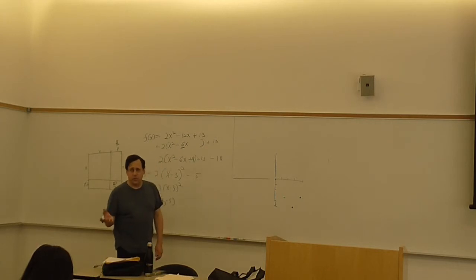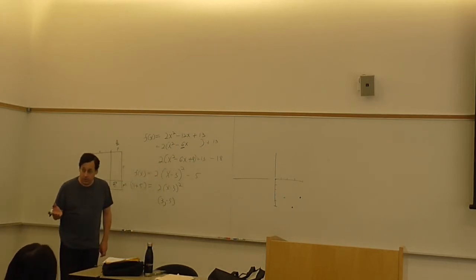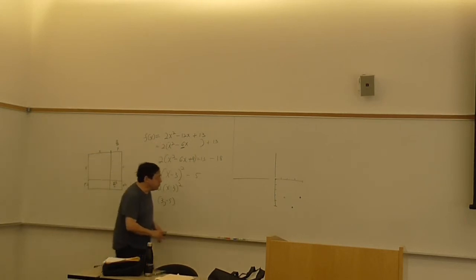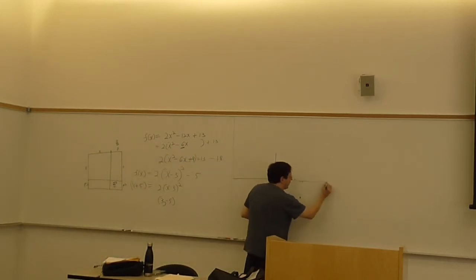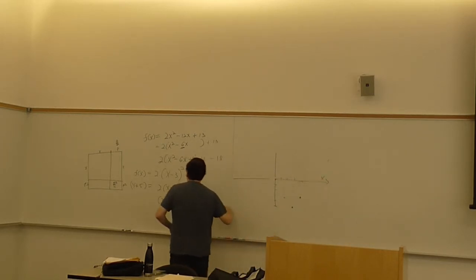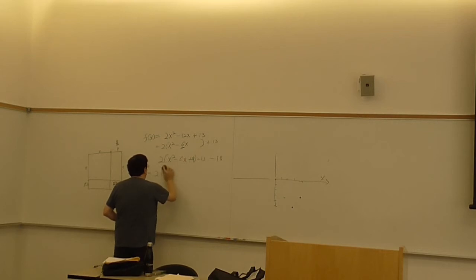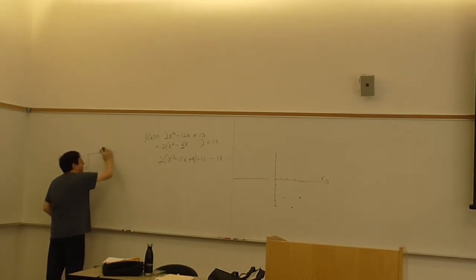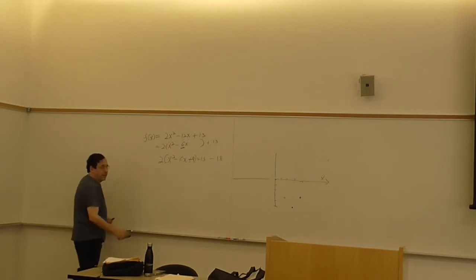Another thing you can do sometimes is you can find the roots of the equation. The roots of the equation are going to tell me where it's going to cross the x-axis. For this parabola, that will work because it crosses the x-axis. It might not, right?